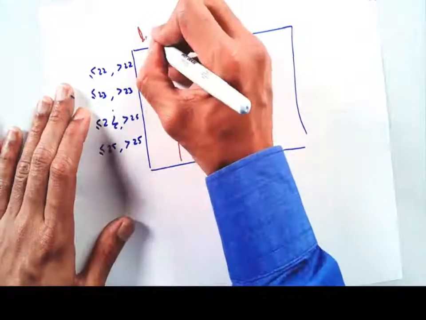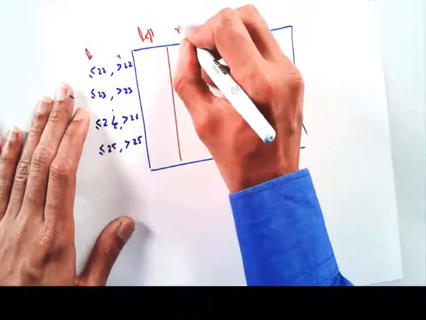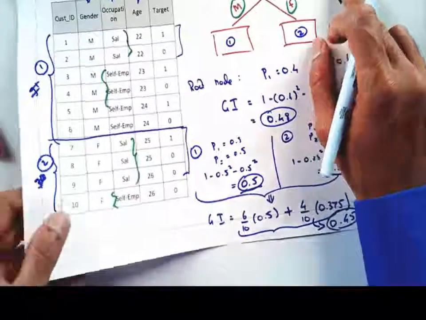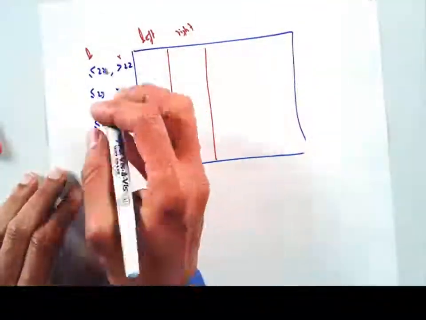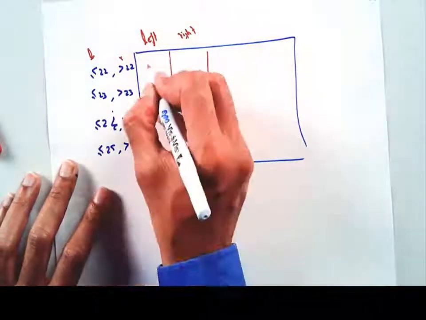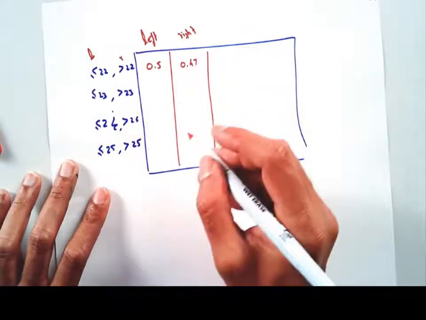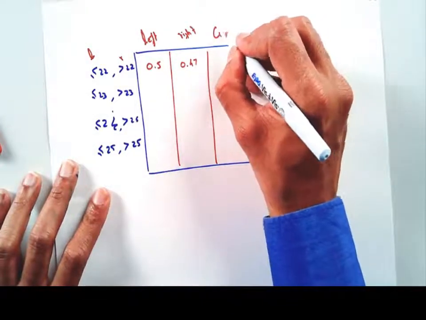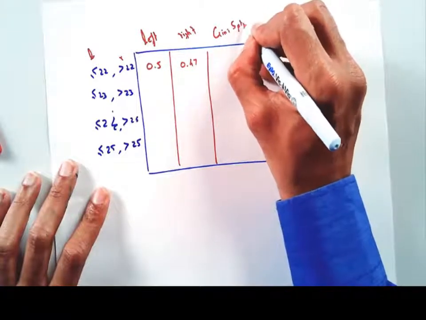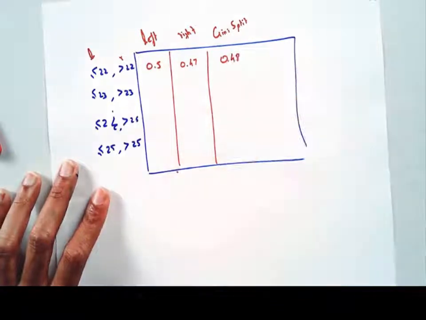You can double check these. The left, which is left, and which is right. Remember, the combined one is always 0.48. Now, if I do split at 22, then the Gini index of the left turns out to be 0.5, and the right was 0.47. The combined one, let's write it as Gini split, turns out to be 0.48, no gain.